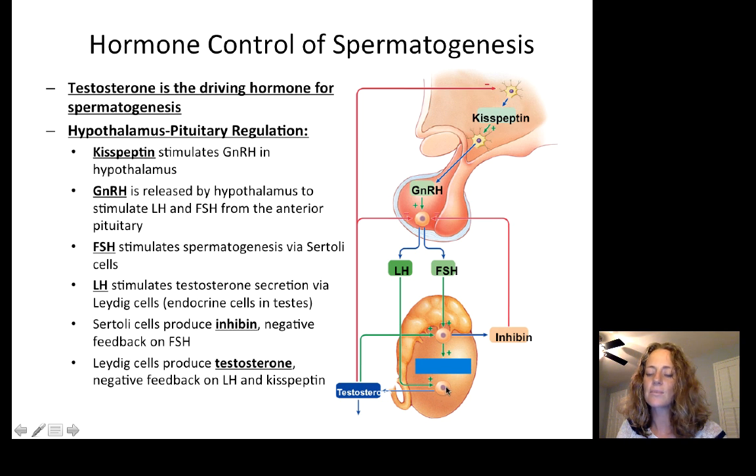Once the Leydig cells produce testosterone, testosterone will increase spermatogenesis and support spermatogenesis. Testosterone is also important for many other basic male sex characteristics and male development. Testosterone will also negatively feed back on the anterior pituitary and on the hypothalamus to keep its levels in check.